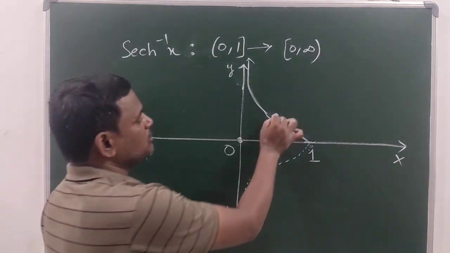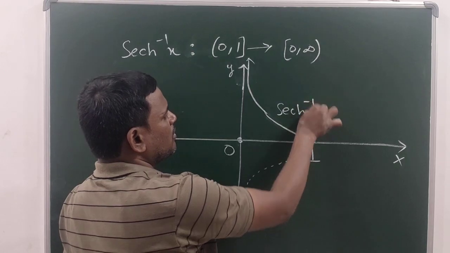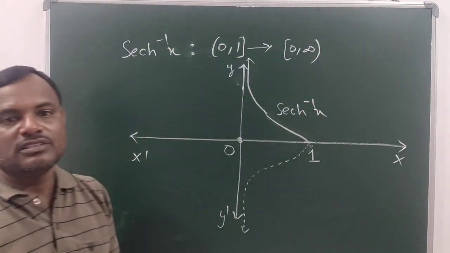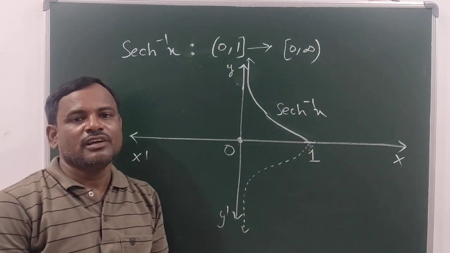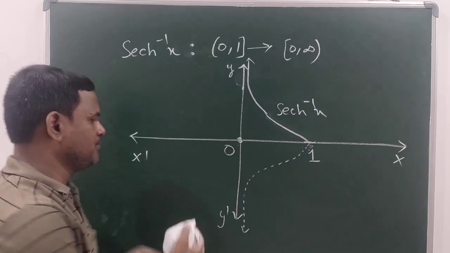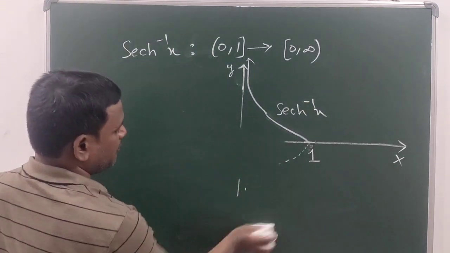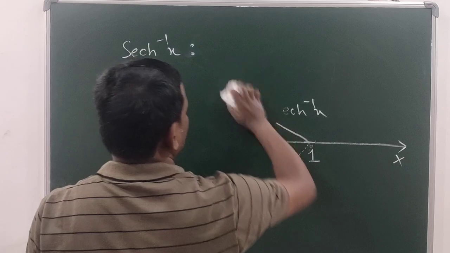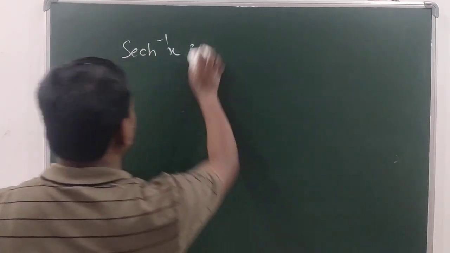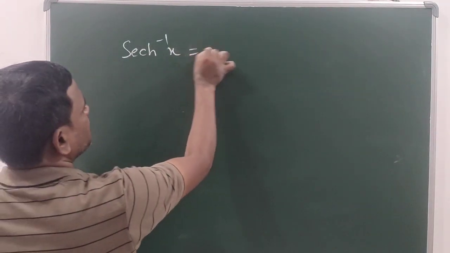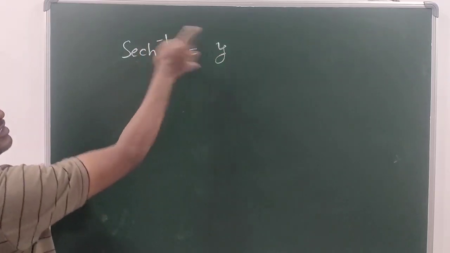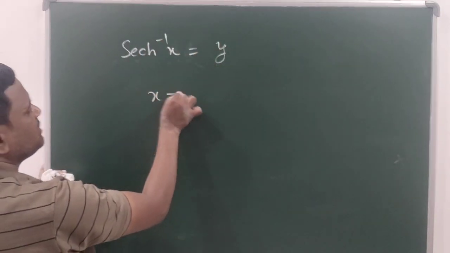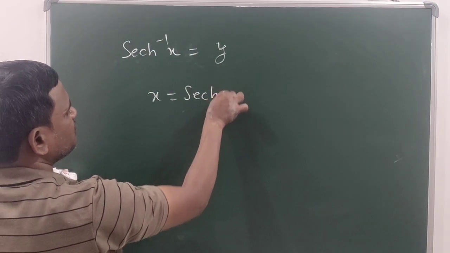Now let us go to sech inverse in terms of log. Define sech inverse of x in terms of log. For that, what you need to do? So this one you have to consider as y. Now send sech x to the right side, so that you will get sech y.